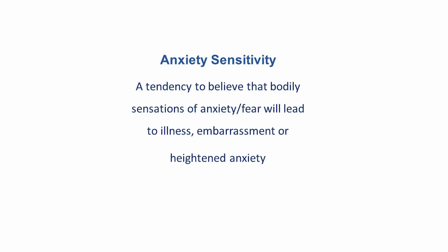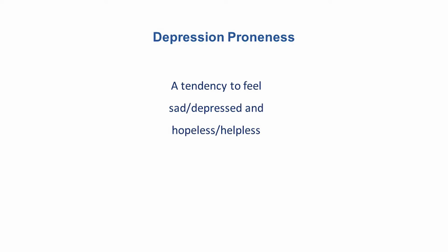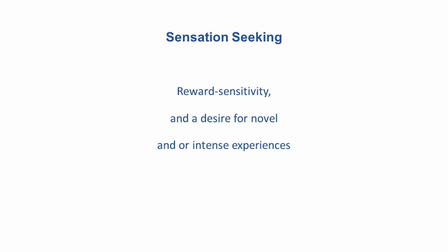So anxiety sensitivity is a tendency to believe that bodily sensations of anxiety or fear will lead to illness, embarrassment, or heightened anxiety. So we know that that is a prime kind of motivator for substance use, both depressants and stimulants. Depression proneness, that tendency to feel sad or depressed or hopelessness is a really key one.